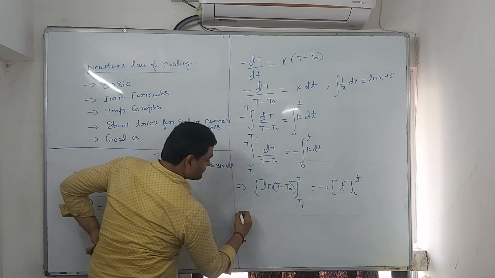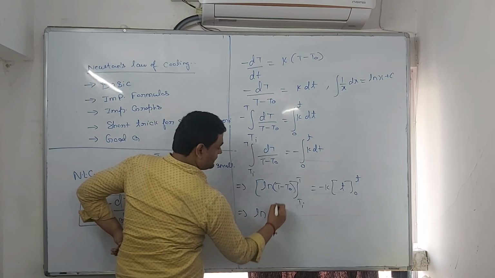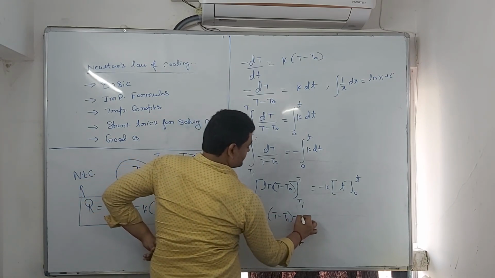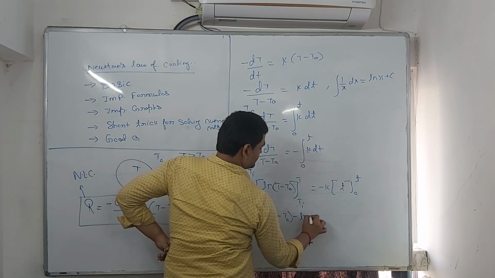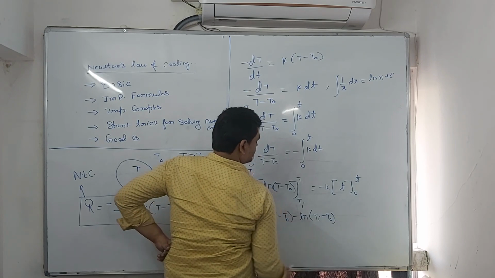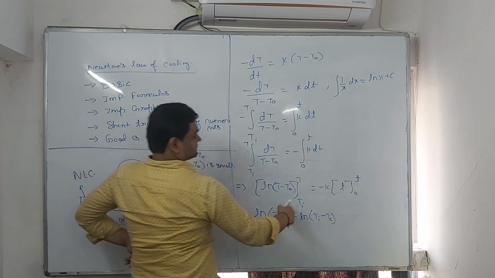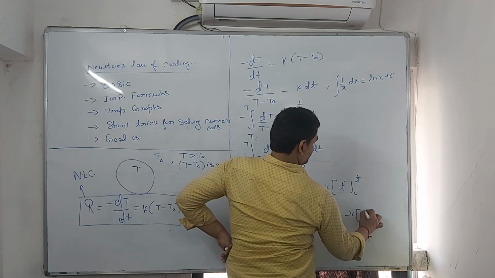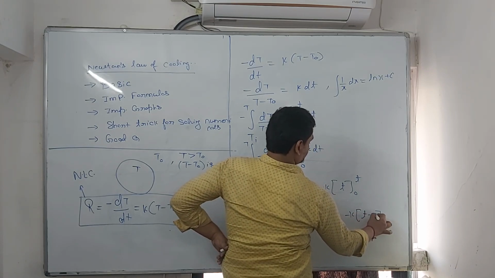Put the present temperature T. Now ln (T minus T naught) minus ln (temperature initial minus T naught) is equal to minus k (t minus 0).